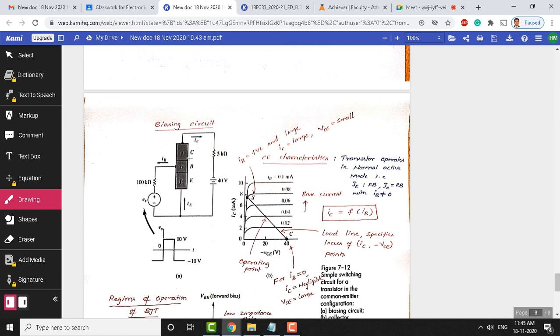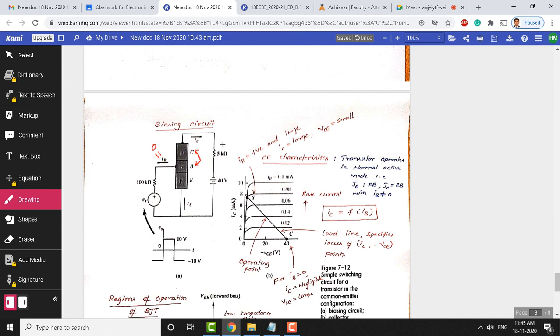That means, when we make this base current 0 or negative, the complete voltage you are seeing here appears between the collector and the emitter. In fact, this is going to be across collector and base, because this is under reverse bias. The complete circuit is under normal active mode.